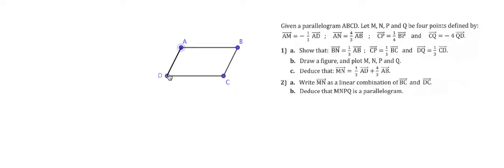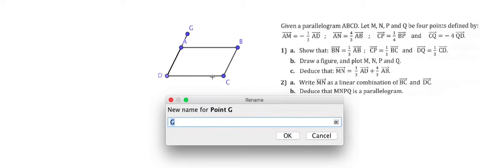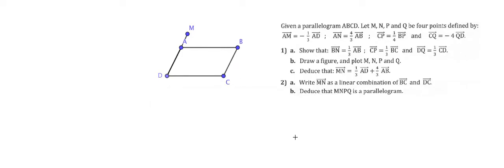AD, its sense is downward, so AM should be upward, and the magnitude of AM is a third the magnitude of AD. So here's point M.